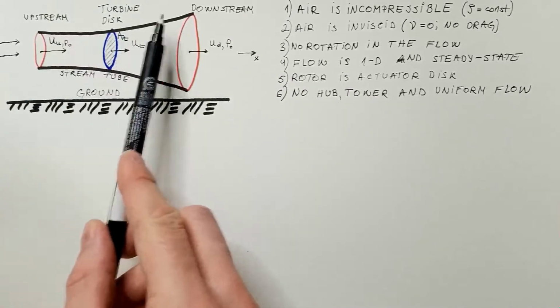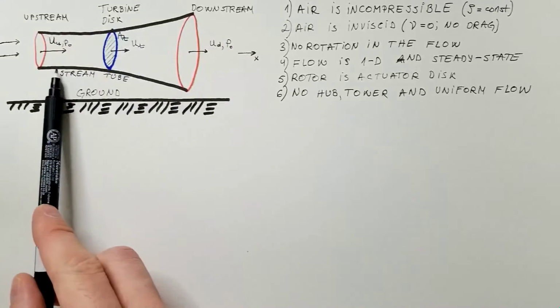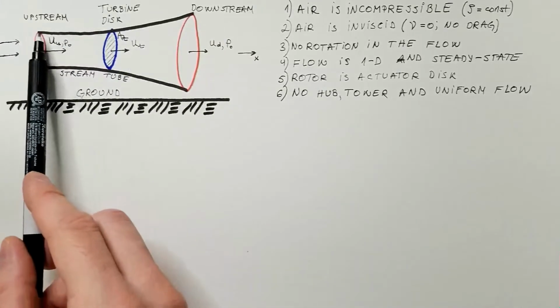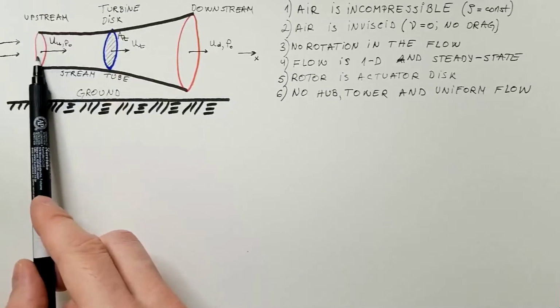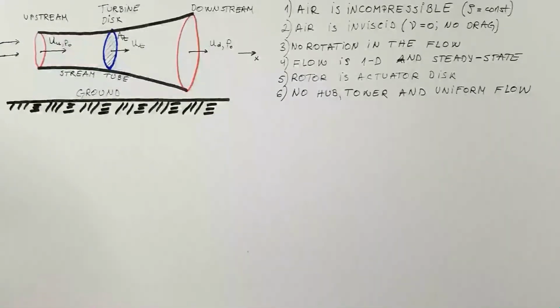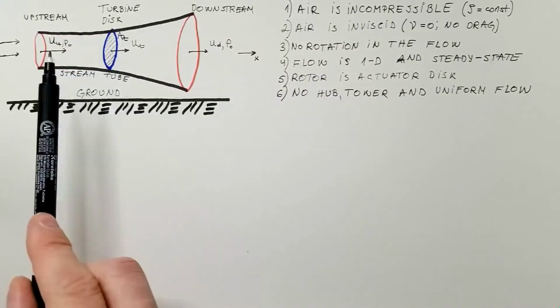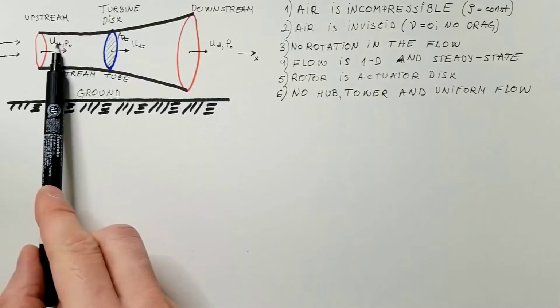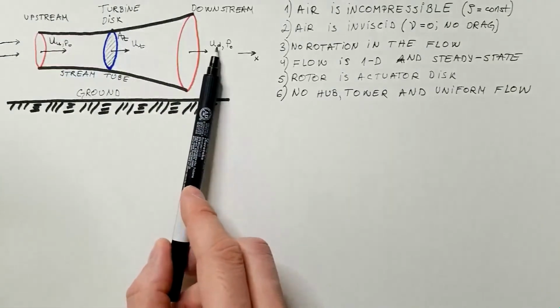Here we have a stream tube in thick black color, and we have two locations: upstream of the wind turbine and another cross section downstream from the wind turbine. I use subscript U for the upstream velocity, and subscript D for the downstream velocity.